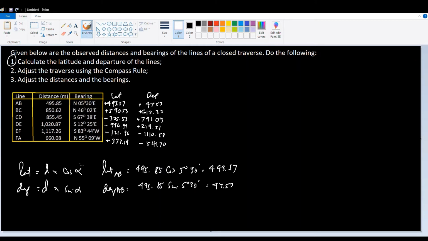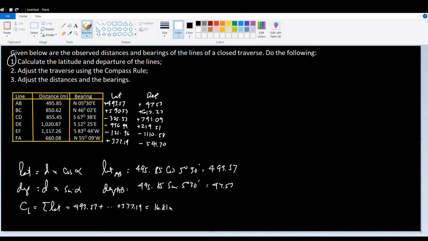The next thing that we should do is to get the misclosure. Before we can adjust, we need to determine the misclosure. So your CL is equal to the summation of all the latitudes: 493.57 plus, and so on and so forth, plus 377.19. And that must add up to positive 16.81 meters.